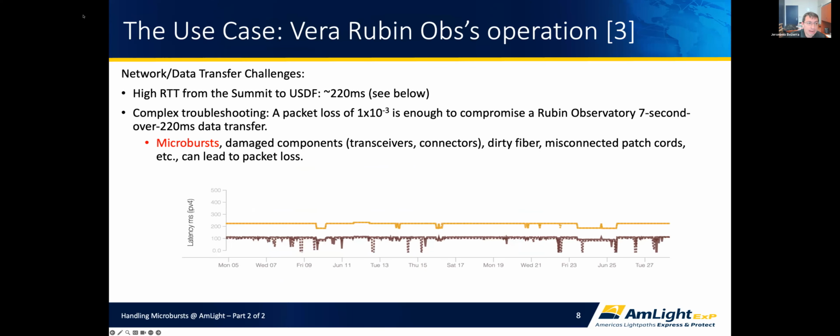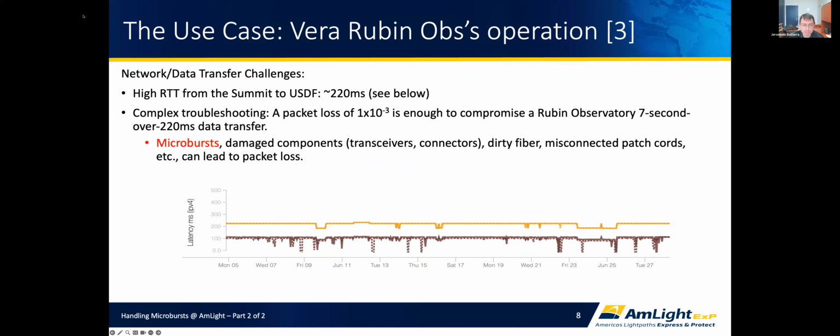So there is a very high RTT, as you can expect, from Chile to California, and also because of how the network was built based on international and submarine infrastructure. So this traffic goes from Chile to the other side of South America, which is Brazil, then to Florida, and then back to California. So this goes to 120 milliseconds.